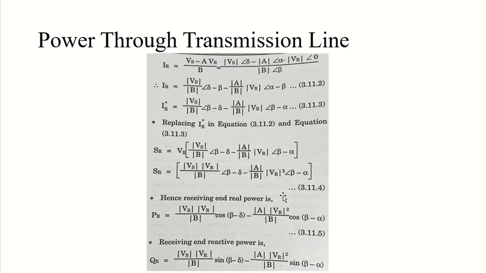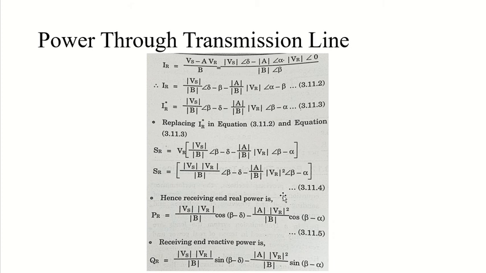Based on the ABCD parameters, the first equation of the derivation, can't we write Vs equals A VR plus B IR, and in that formula let's make IR the subject. So we will have Vs minus A into VR divided by B. Now you already know the value of Vs. Vs is nothing but Vs angle delta, which is my load angle.